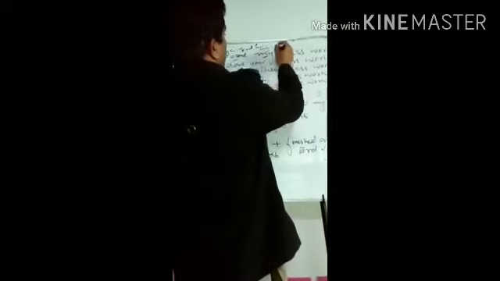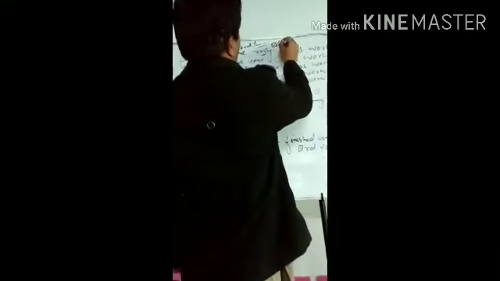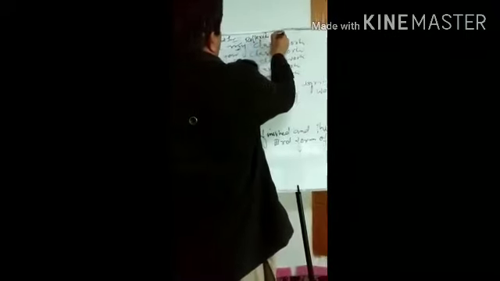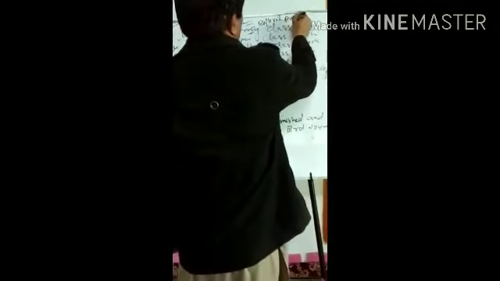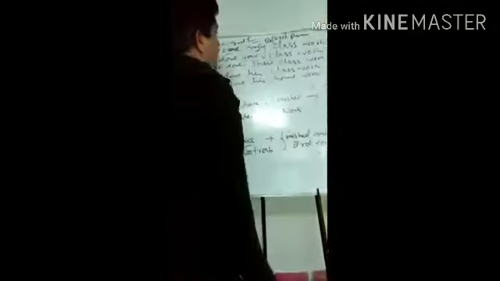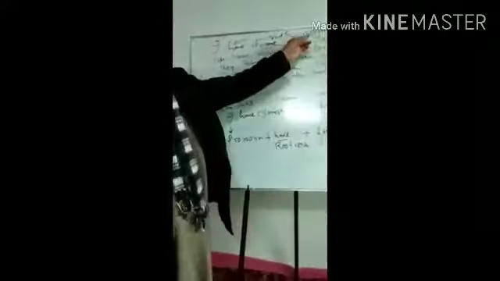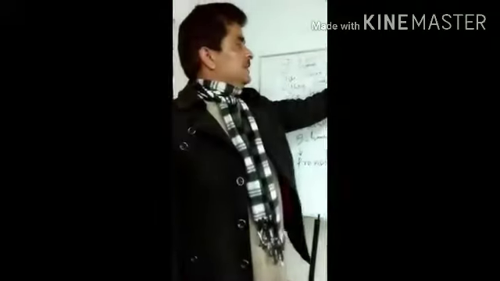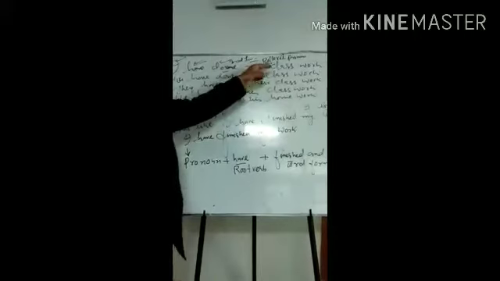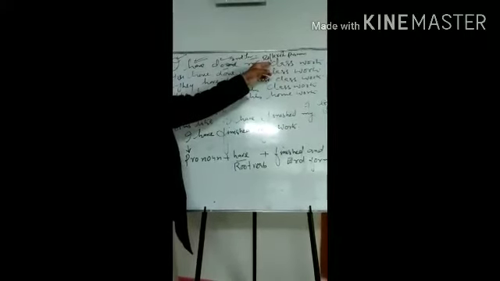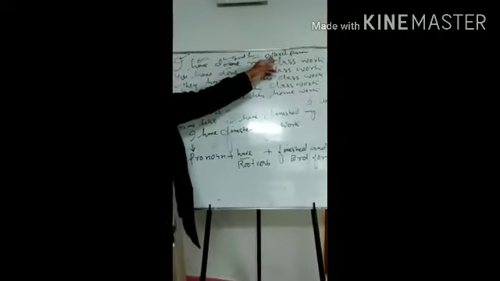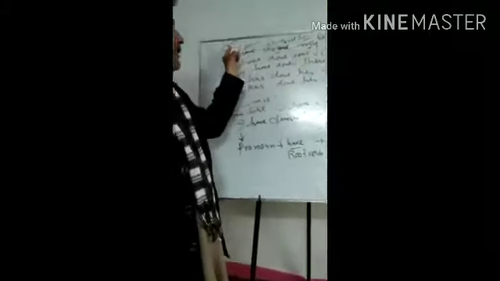Likewise, we have my, this is a reflexive pronoun. So far as the reflexive pronoun in this sentence is concerned, a reflexive pronoun simply indicates that it reflects back on the pronoun.